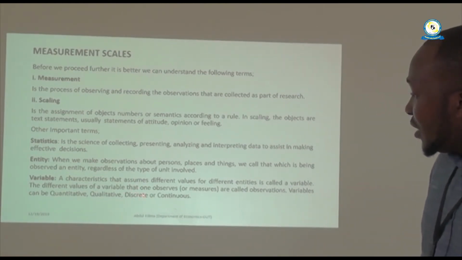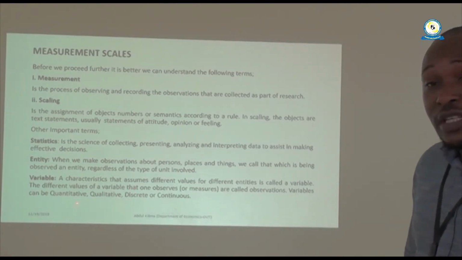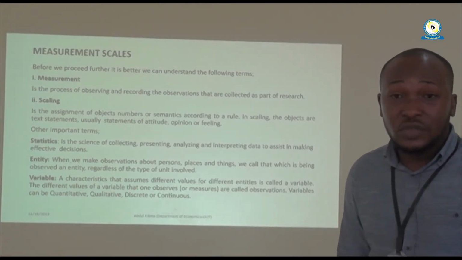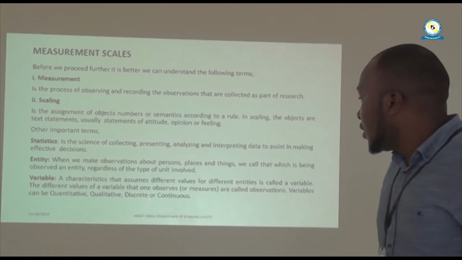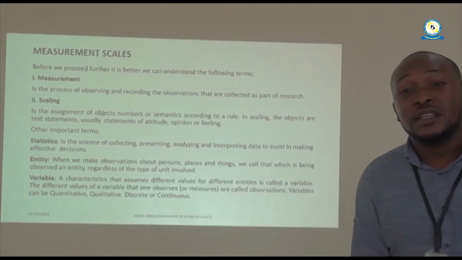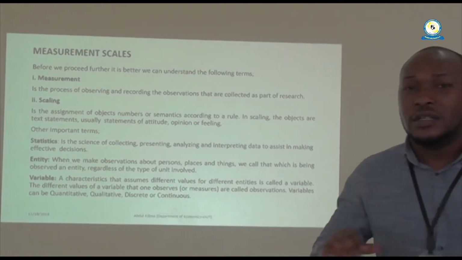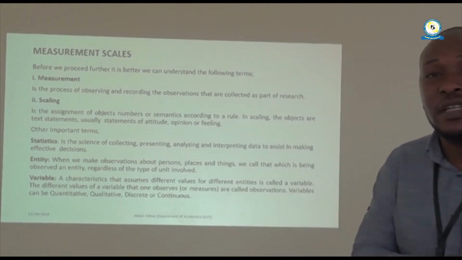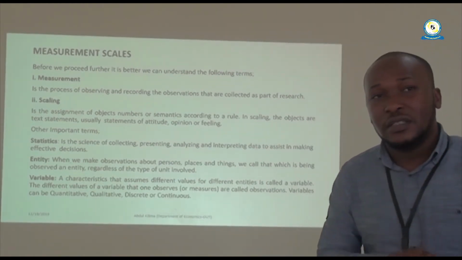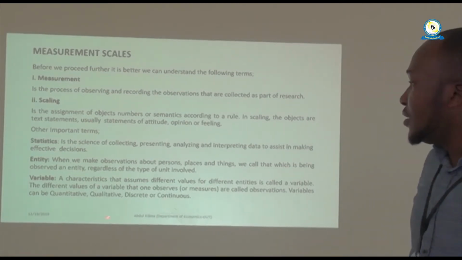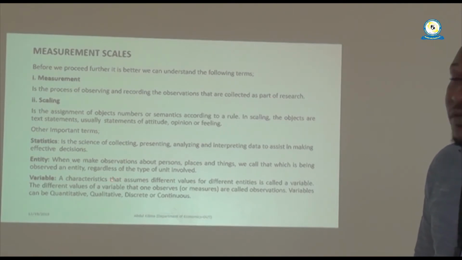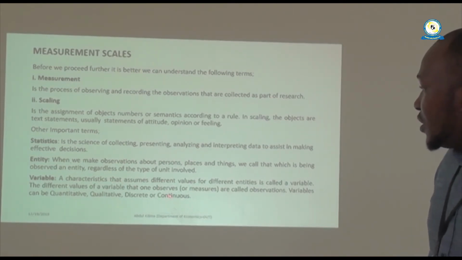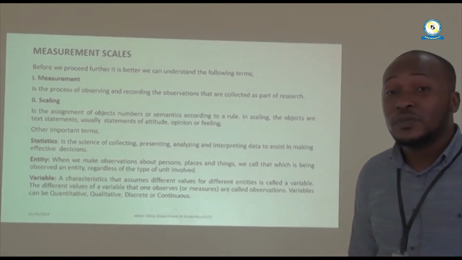Dichotomous means that it has two values only. It's either yes or no, male or female. Continuous, it can take a series of numbers, fractions. For example, height can be 5.5 feet, 6.5, 6. That is a continuous variable.